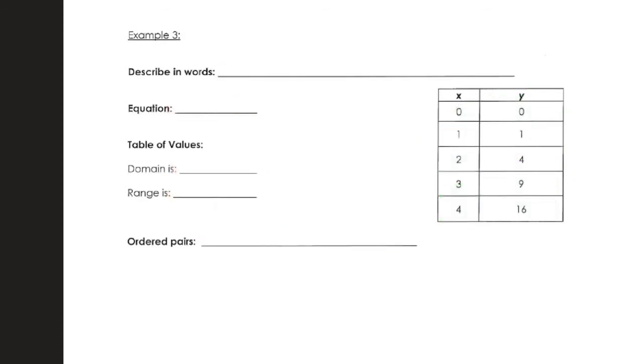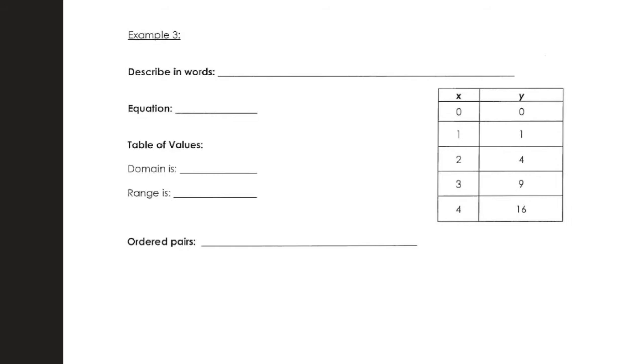Okay, so we're back. I don't know the order that we did this in. I'm just going to try to guess the order that you may have gone through, but there is no correct order to do this in. I think that if we had the table, we may have done domain and range first, or we may have done ordered pairs first. Either one of those would seem pretty logical to me as a starting point.